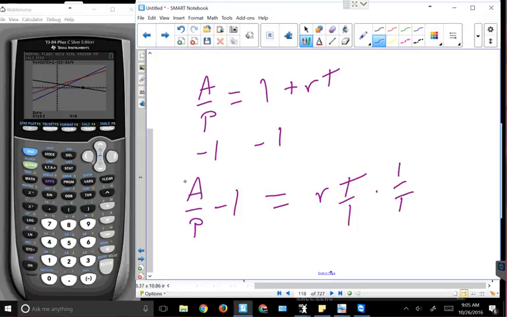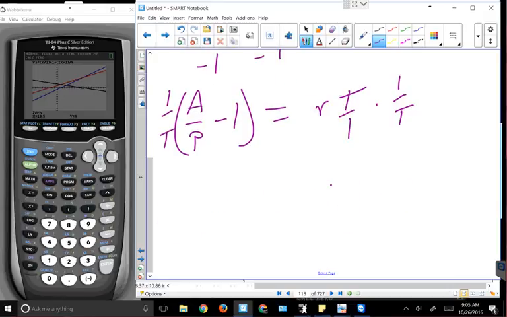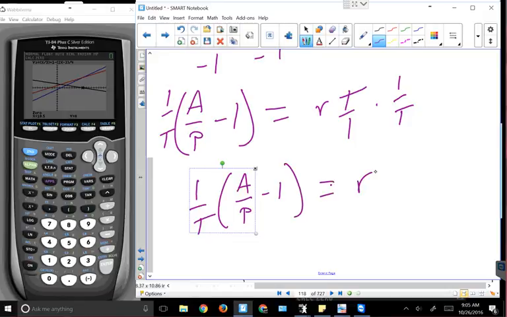If I multiply both sides by the reciprocal, now I've got it set so that it would be 1 over t times a over p minus 1 is equal to r. Now, could I go distribute that out if I so chose? Yes, I could. But I'm not choosing to do that right now.